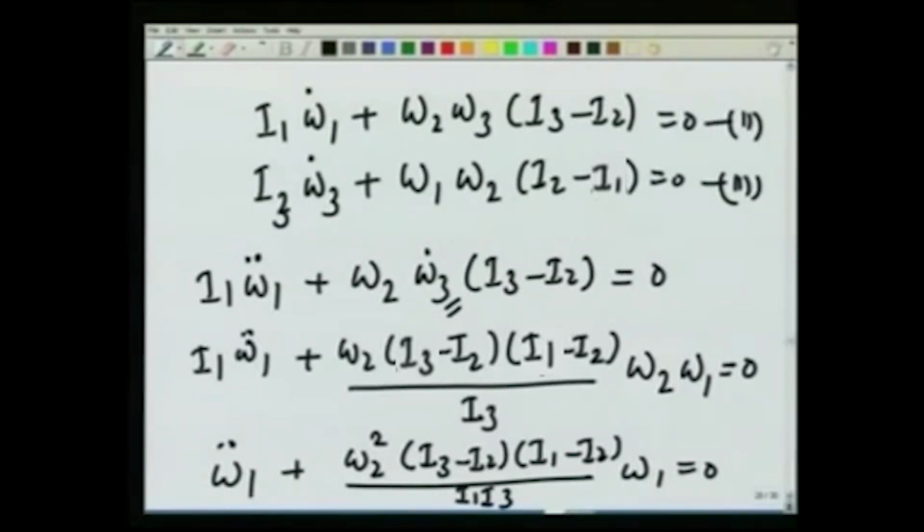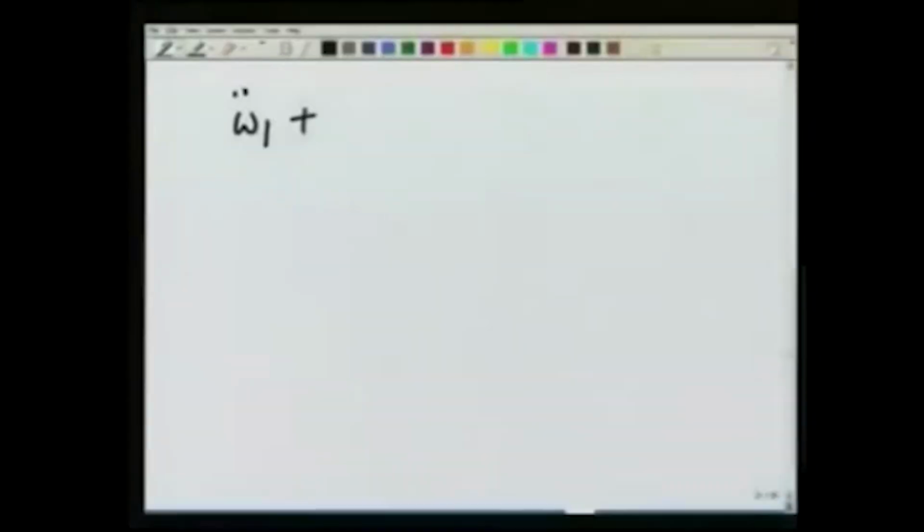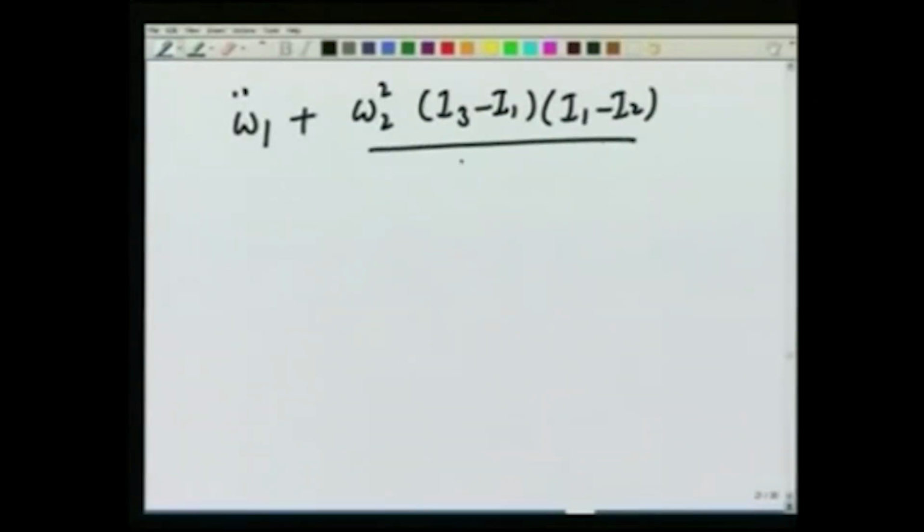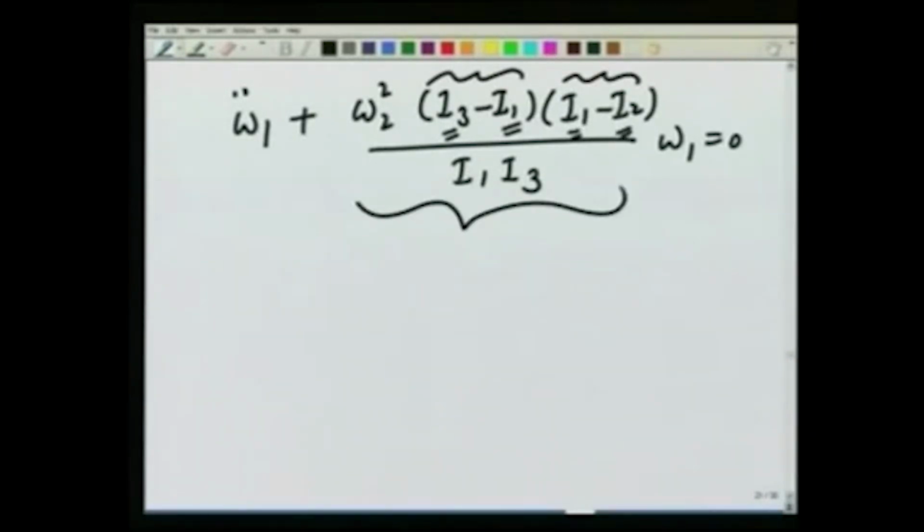And the final equation we get, let me rewrite it, is omega 1 double dot plus omega 2 square, which is a constant, (I3 minus I1) times (I1 minus I2) divided by I1 I3 omega 1 is equal to 0. Since I1 is the smallest and I3 is the largest, this number is positive, and since I1 is the smallest and I2 is intermediate, this number is negative, and therefore this entire quantity is negative.